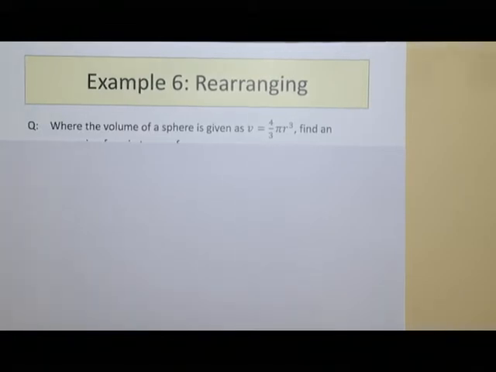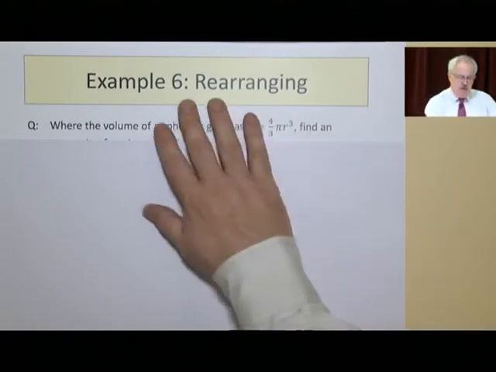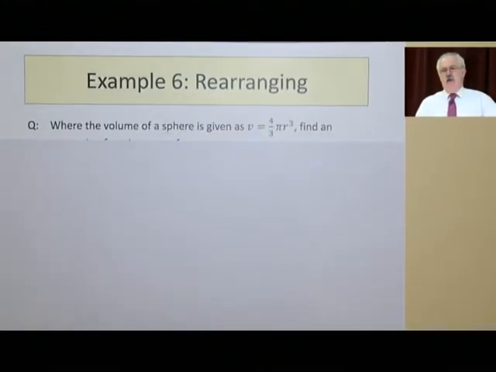This example is important, the next one, because you're given a lot of formulae in your tables that you really say, that's fine, I don't have to remember them because they're in the tables. But the reality is, it's very, very unusual in your exam for them to actually ask you to use the formula in the form that it's given.